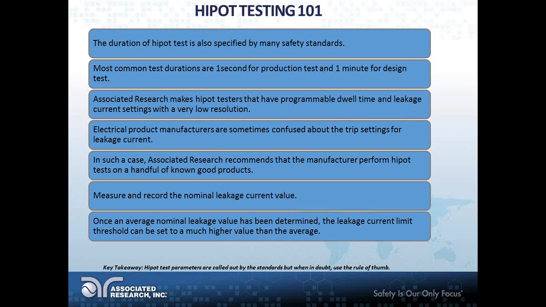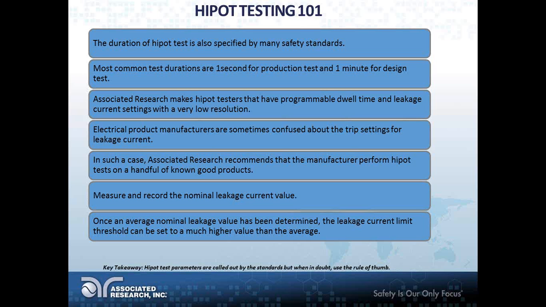So once again, if the standard you're trying to comply with has not called out a leakage current limit, then the best way is to take samples of known good products and determine an average value. Basically, most Hipots today, just like our Associated Research Hipots, have a programmable leakage current limit and threshold.